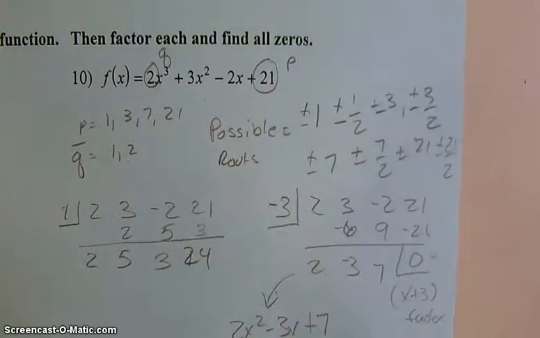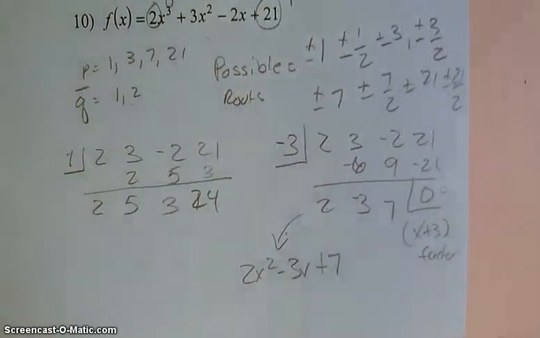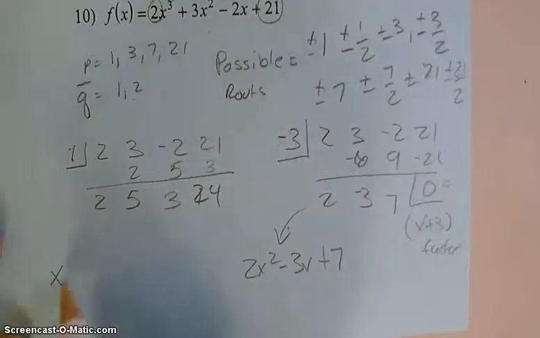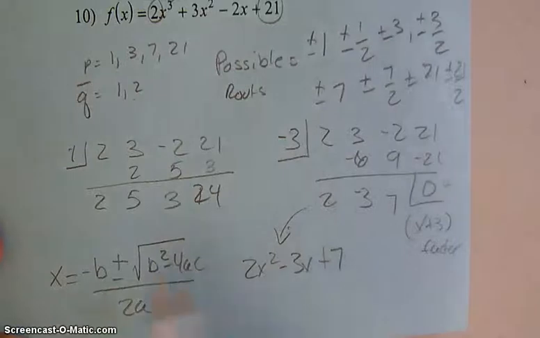So if I look at 2x squared plus 3x plus 7, 2 times 7 is 14, and factors is not going to get me anything to add to this, so we're going to have to do the quadratic formula on this one. Remember the quadratic formula is x equals negative b plus or minus the square root of b squared minus 4ac all over 2a.